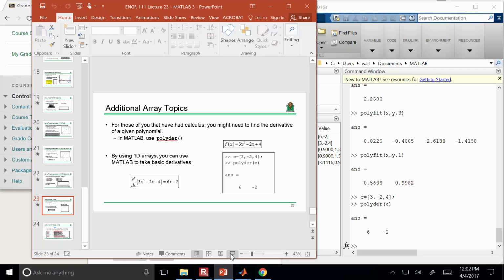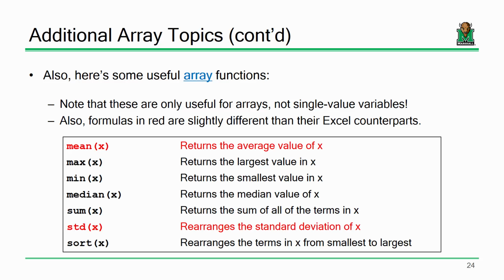Here are some other functions that can be useful. You can take the mean of an array, which when we were in Excel, that function was called average. But there's maximum, minimum, median, sum, standard deviation, and then you can resort the data from smallest to largest.